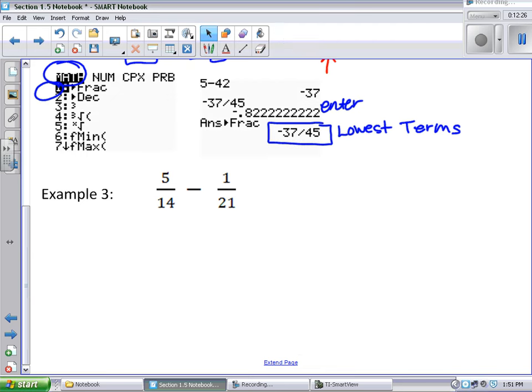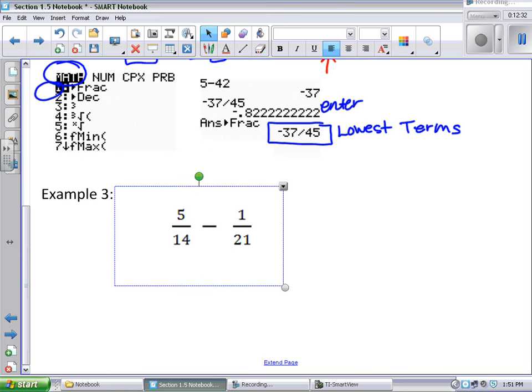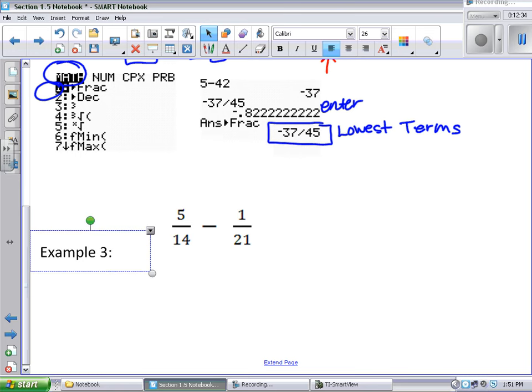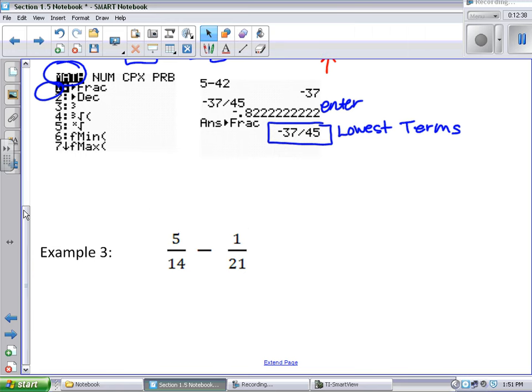Example number 3. Let me move this down a little bit so it's not quite so crowded. Example number 3. 5 over 14 minus 1 over 21. Again, we need the common denominator. 14 is 2 times 7. 21 is 3 times 7.